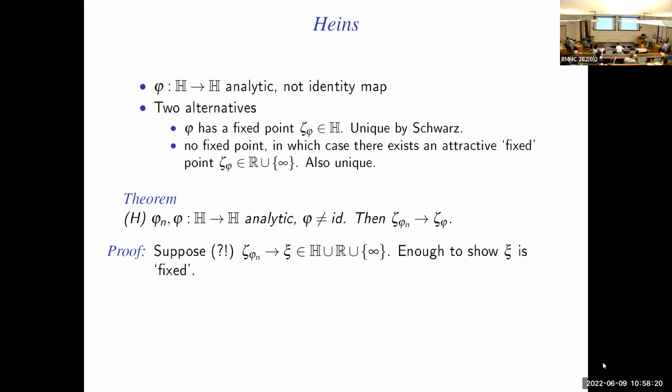Suppose that zeta phi n converges to some point xi, which is going to be a point in the closure of the upper half plane in the Riemann sphere. Why can we suppose this? This is another exercise for you. It's enough really to show that xi is equal to zeta phi.